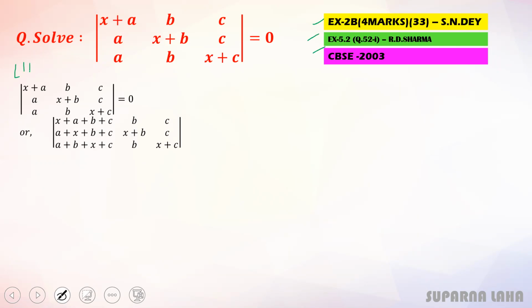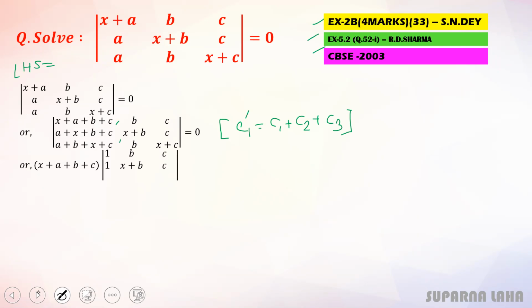So start with LHS and just apply this operation, that is column 1 dash is given by column 1 plus column 2 plus column 3. Okay, now take common this first factor, x plus a plus b plus c. So if we take common from the first column, all the elements should be 1.